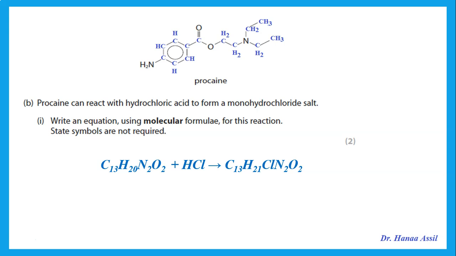So this comes out to be this formula. We're reacting it with hydrochloric acid to form the monohydrochloride. Monohydrochloride means the lone pair of electrons on that nitrogen on the right is protonated, so it becomes NH plus Cl minus. So we're adding an H and a Cl to that original formula.